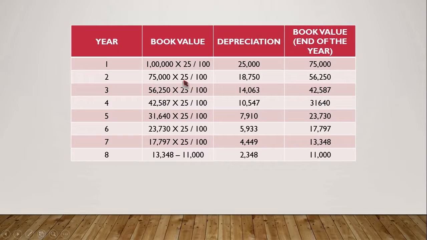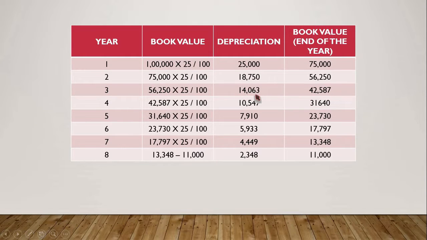On 75,000 into 25 divided by 100, that is 18,750. 75,000 minus 18,750 is 56,250.